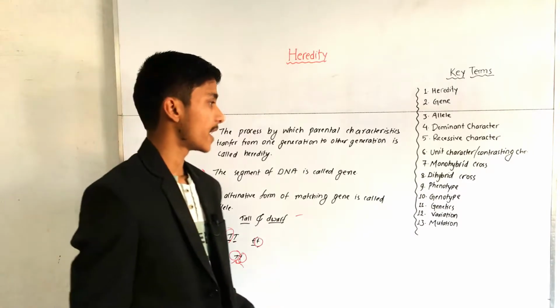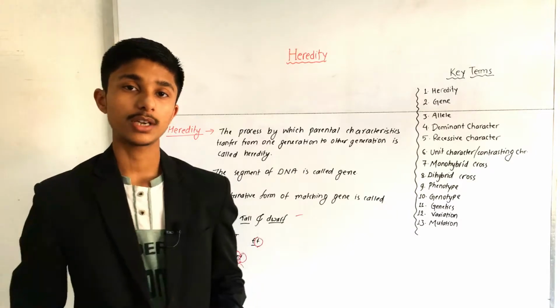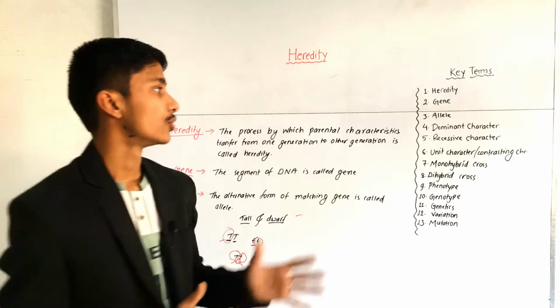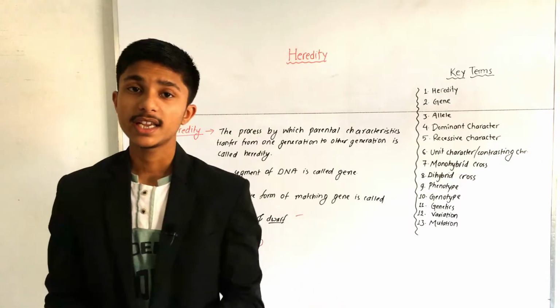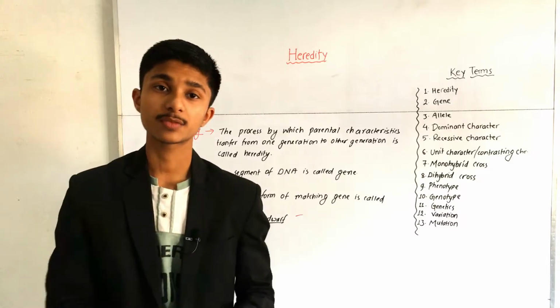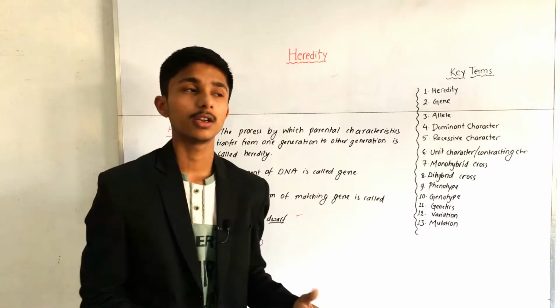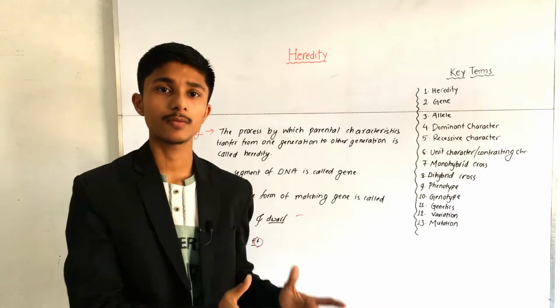Okay, now we go to the next topic, that is dominant character. What is dominant character? Dominant character is the character which gets expressed by suppressing other characters. Suppose someone is dominant; we can take the example of Hitler.